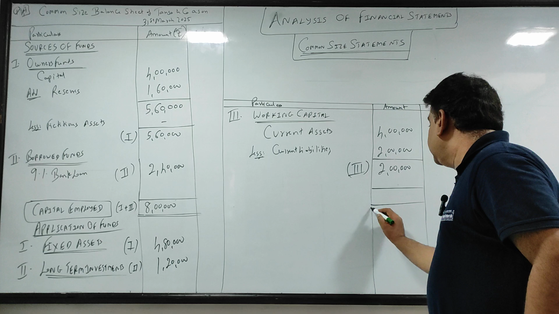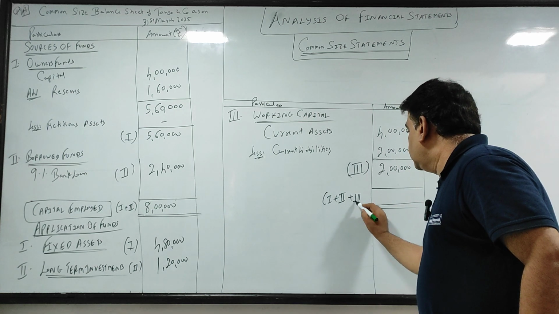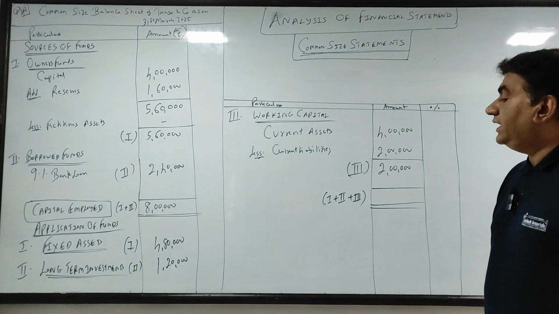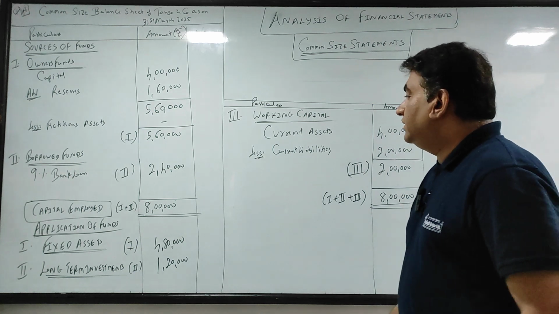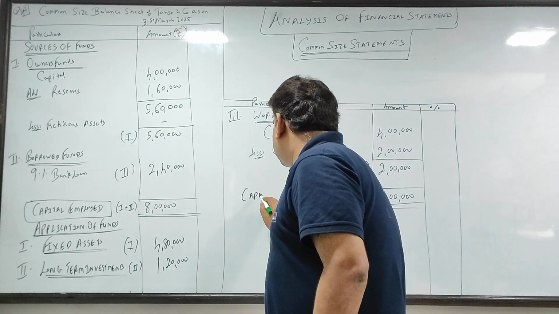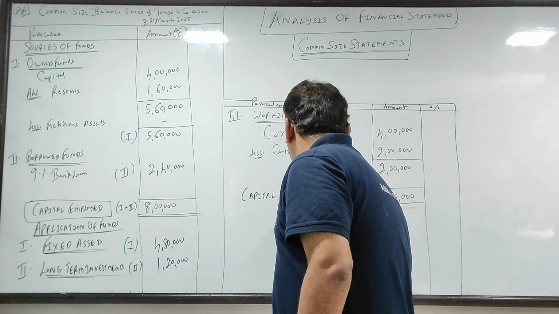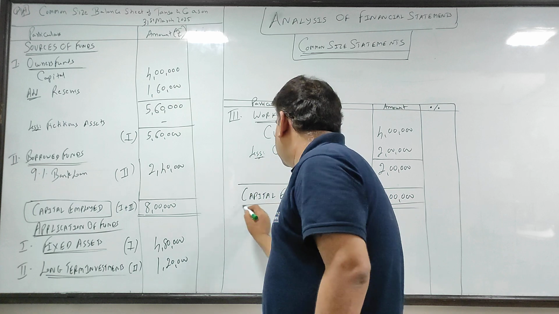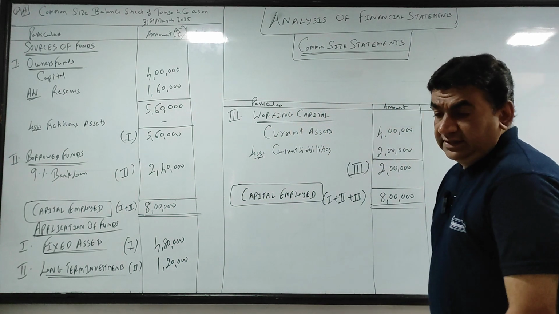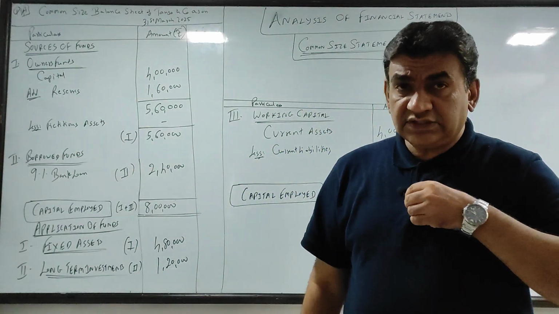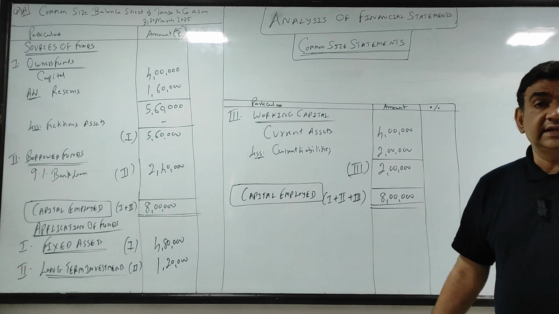And now let's tally the balance sheet. यहाँ पे 3 parts है, so 1 plus 2 plus 3. So 480 and 120 and 2 lakhs gives you 8 lakhs. So my capital employed is 1 plus 2 plus 3. Got it, guys? So your capital employed is 1 plus 2 plus 3.